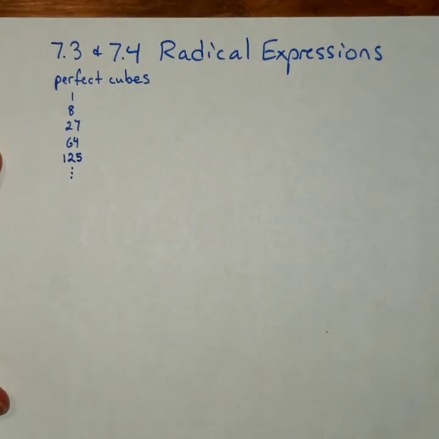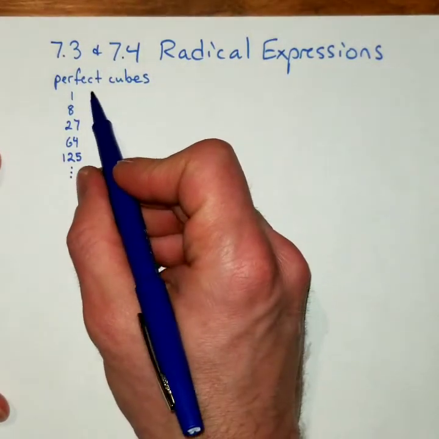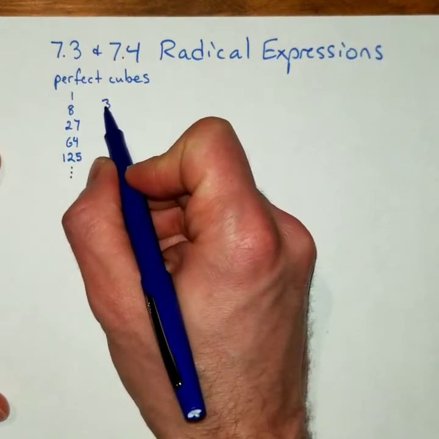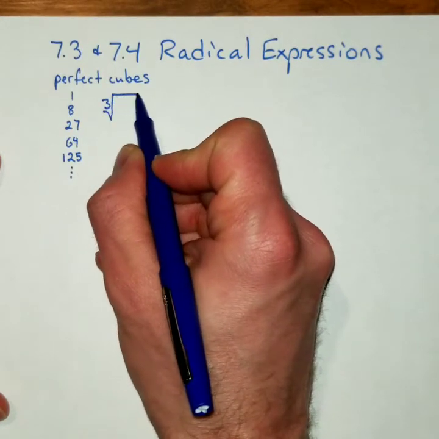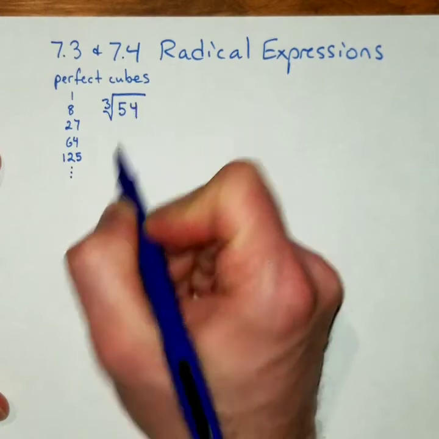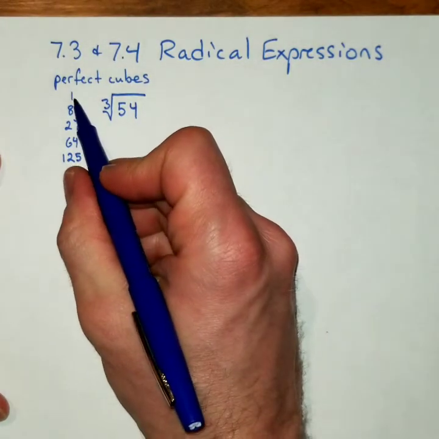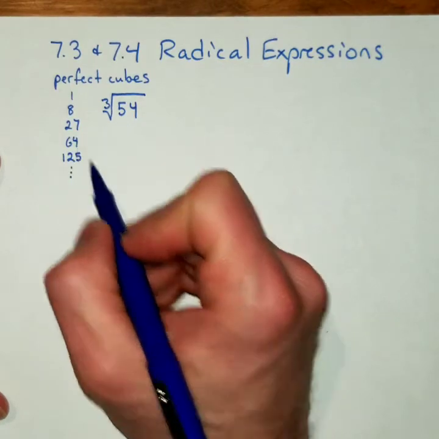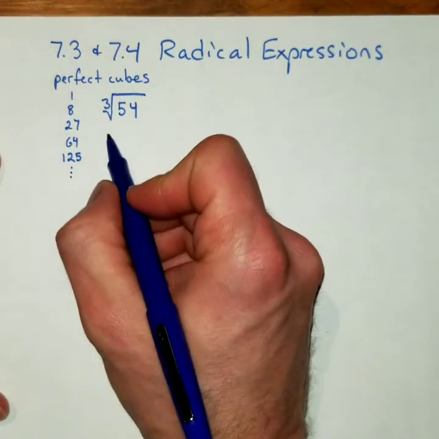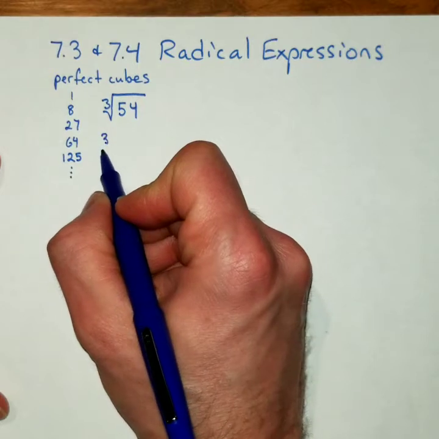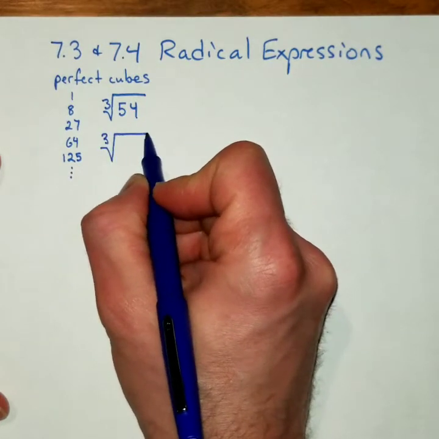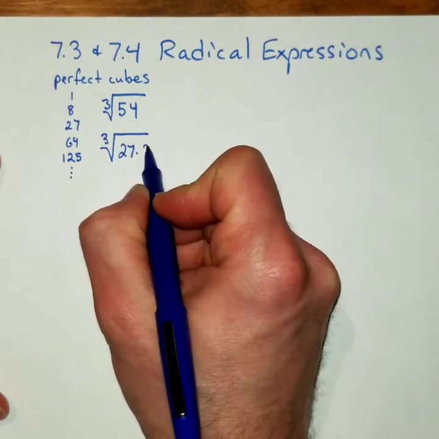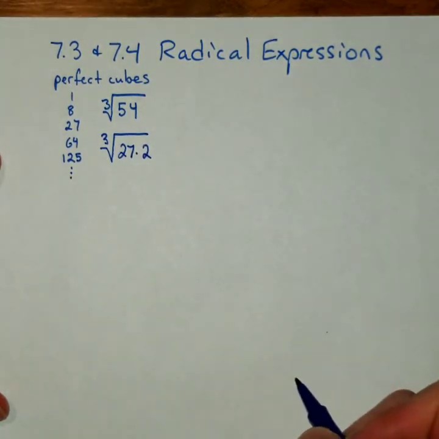We'll stop it there. Now, if you wanted to simplify a cube root, something like the cube root of 54, well, you look at this list and say, what numbers are factors of 54? The answer is 27. 27 times 2 gives you 54.